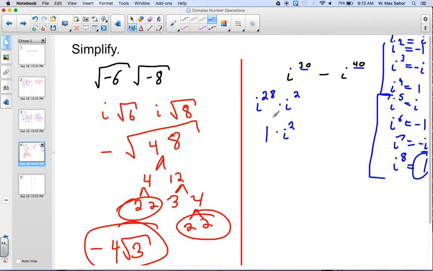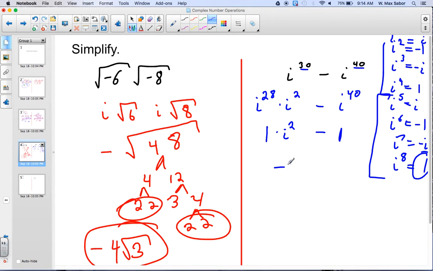So i to the 30th is i to the 28th times i squared because of the exponent rules. So i to the 28th we know is 1. Same thing over here, i to the 40th. 40 is a multiple of 4, so this whole thing is 1.